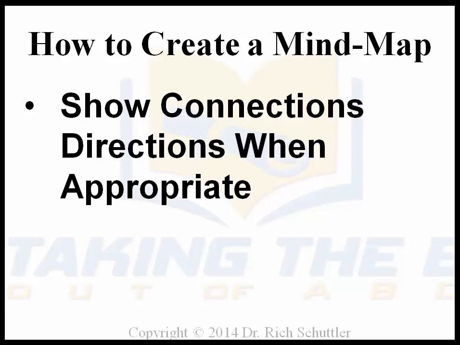In the case of the corporate fitness center, if I was going to look at the cause and effect of the fitness center on employee morale, I would see that there's an arrow going out of the fitness center to employee morale. But then perhaps, as employee morale improves, more people might use the fitness center. So maybe there's a correlation or even causality, depending on how you look at this.